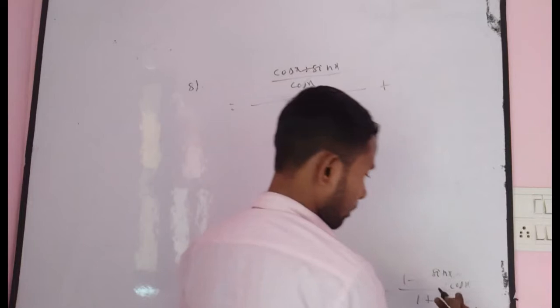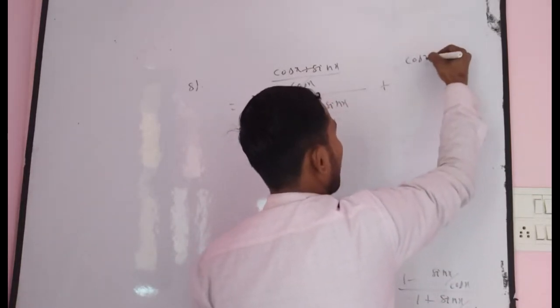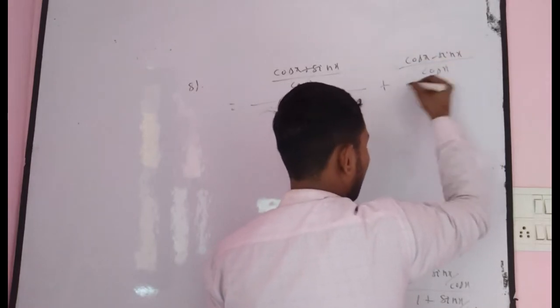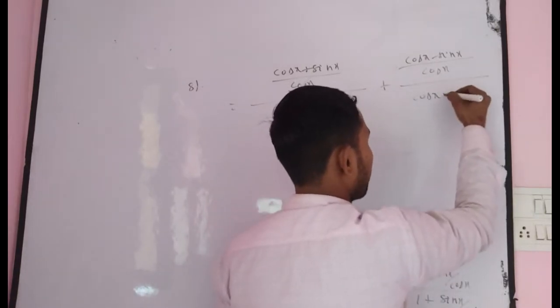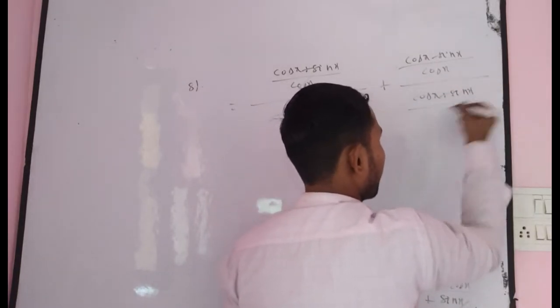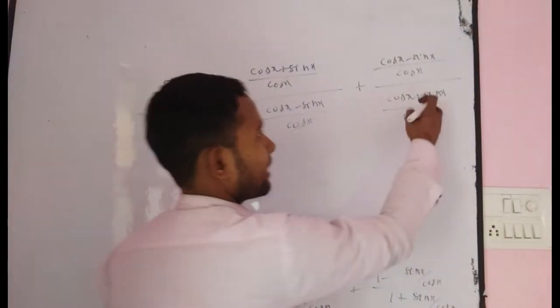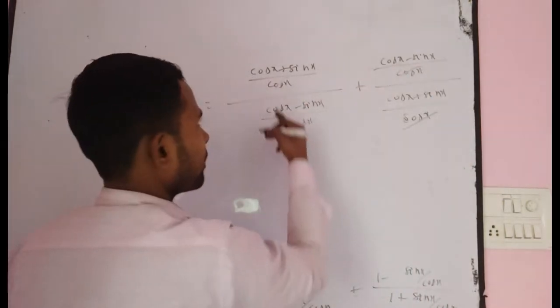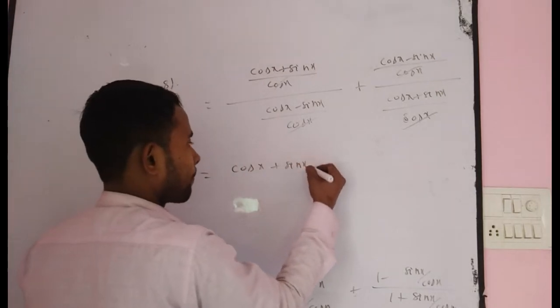Plus here, cos x minus sin x by cos x divided by cos x plus sin x by cos x. Here cos x and cos x cancel. Now finally you get cos x plus sin x.